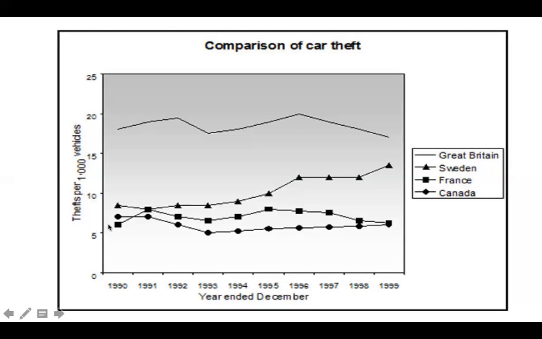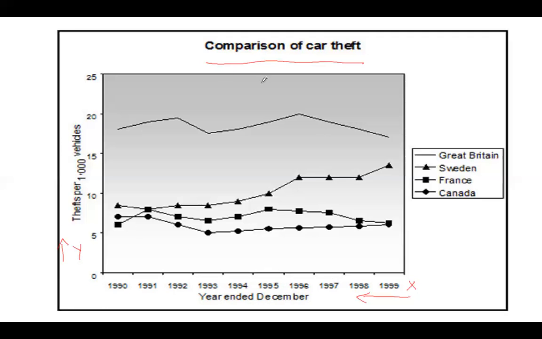For those of you who are not very familiar with these terms, this is the title. This is the x-axis here, and this is the y-axis up here. The x-axis runs along here, and the y-axis runs up here.